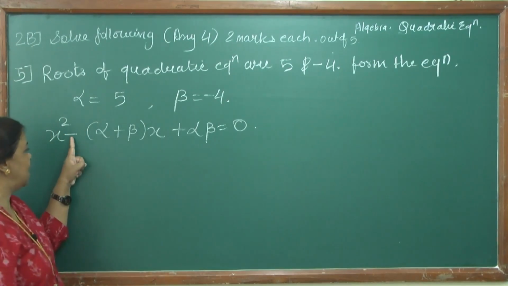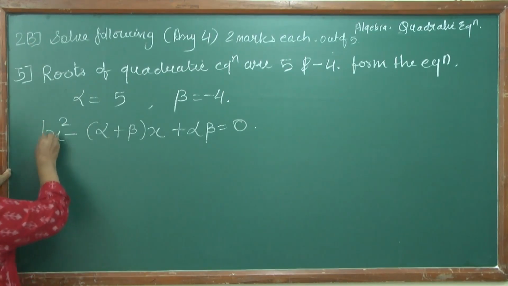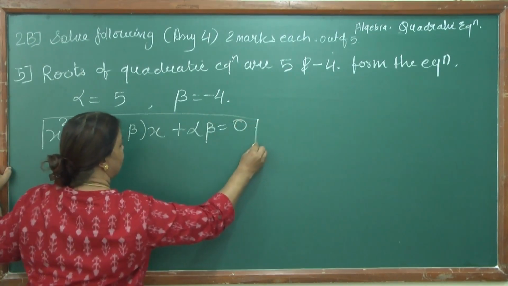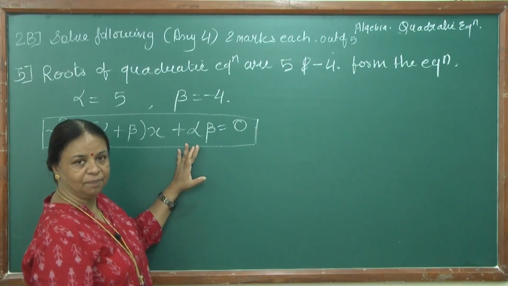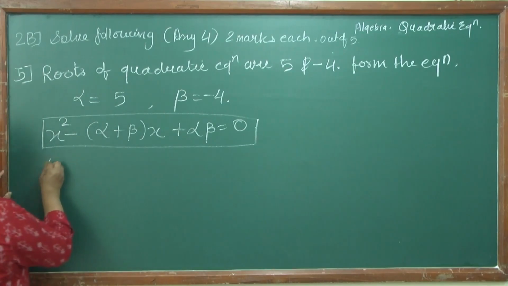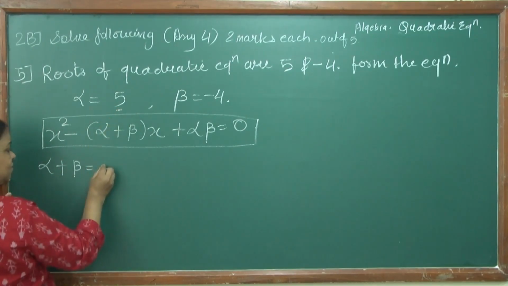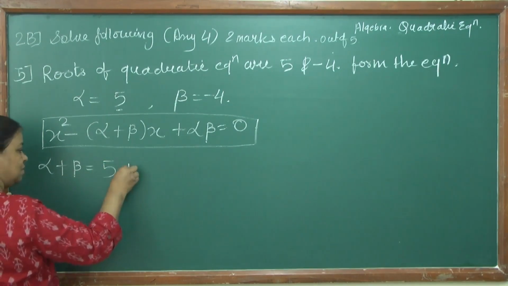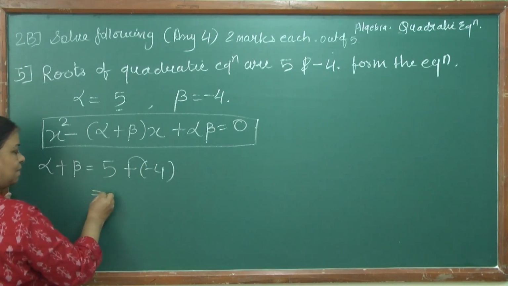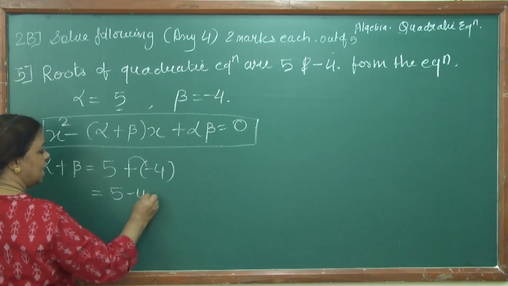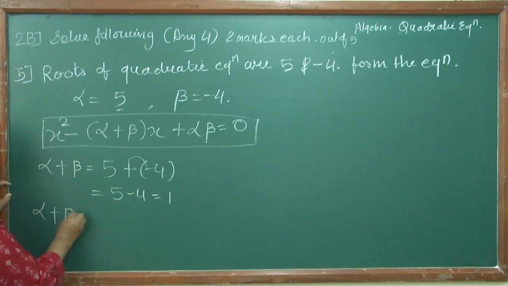Remember, there is a minus before alpha plus beta. Now we need to find the value of alpha plus beta and alpha into beta. Alpha plus beta: alpha is 5, plus beta, beta is minus 4, plus into minus becomes minus, 5 minus 4 is equal to 1. That means alpha plus beta is equal to 1.